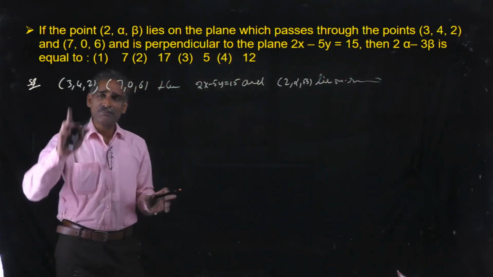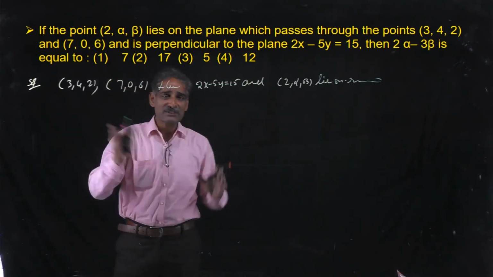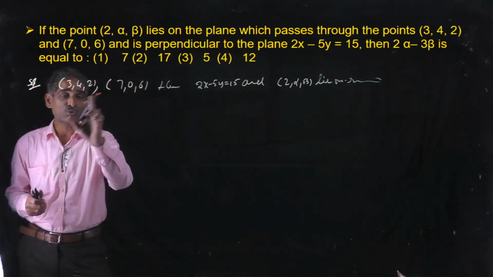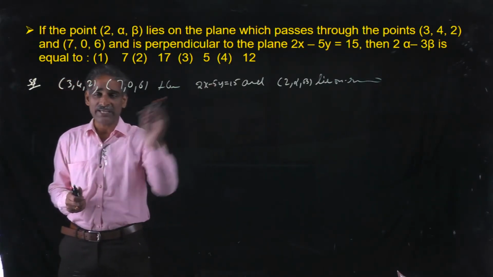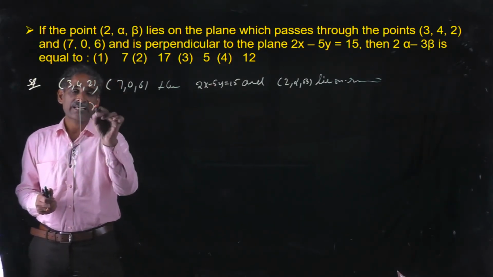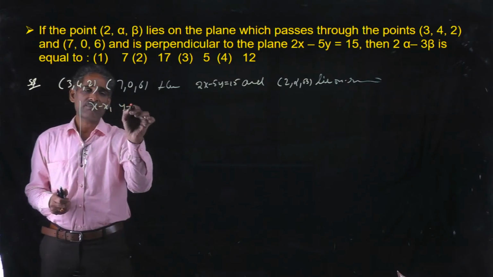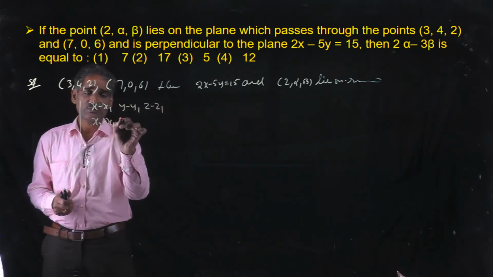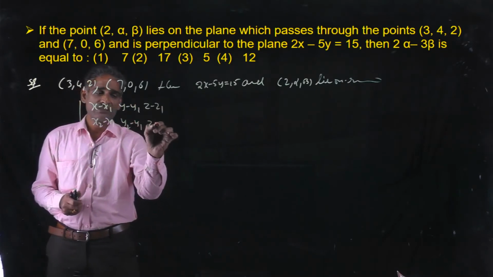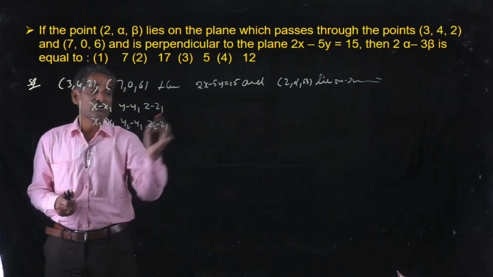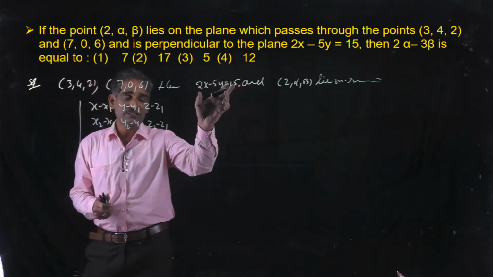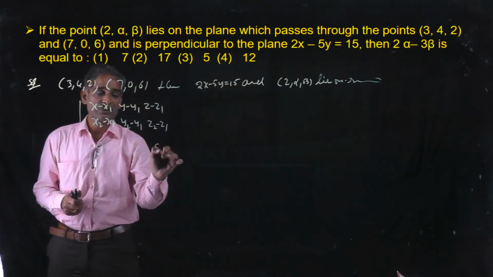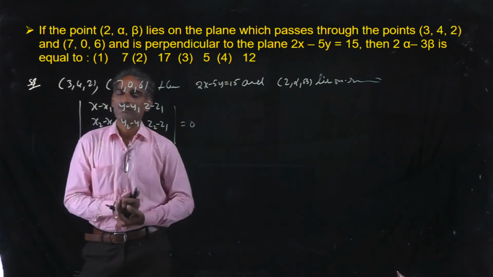For the equation of the plane passing through 2 points and perpendicular to a plane, there is a formula. The equation is the determinant of x minus x1, y minus y1, z minus z1; x2 minus x1, y2 minus y1, z2 minus z1; and a1, b1, c1, the DRs of the normal to the plane, equal to 0.